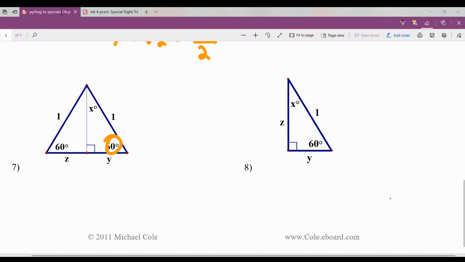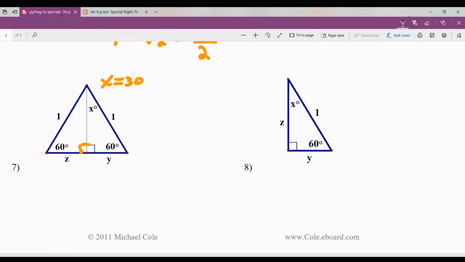Let me clean this up. So if that one also has to be 60, then what does that make x? Because it looks as though the left side of the triangle has to be identical to the right side of the triangle. So I think we can determine that x has to be 30 degrees.